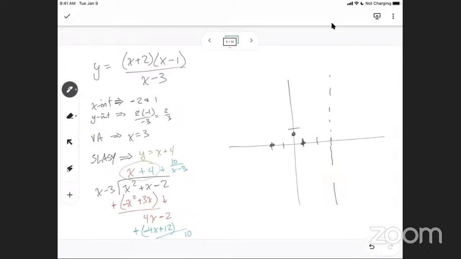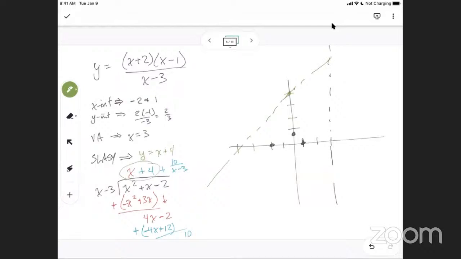I don't have a horizontal asymptote, but I have a slant asymptote of y equals x plus 4. So x plus 4 means that it's going through 3, 4. It's going up 1 over 1, so it's going to go through -4 as well. That's your slant asymptote.